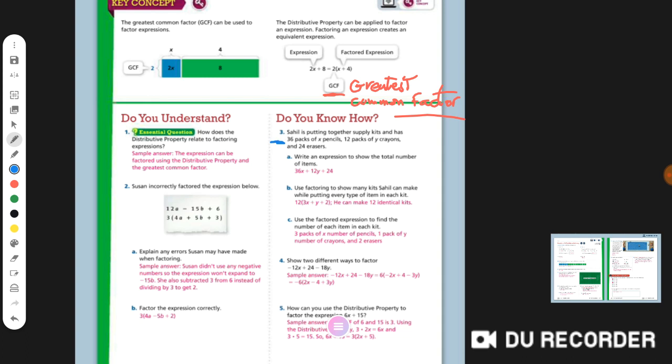Sahil is putting together a supply kit and has 36 bags of X pencils, 12 bags of Y crayons, and 24 erasers. So we have 3 kinds now.